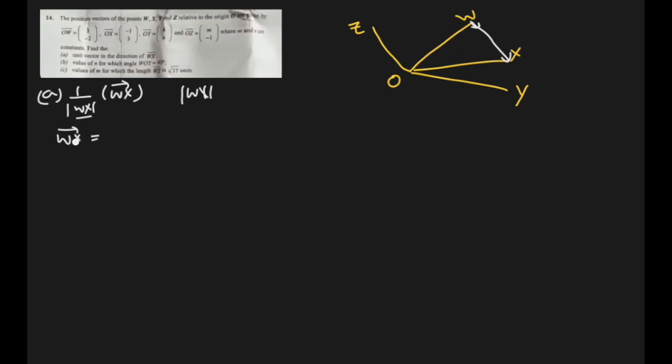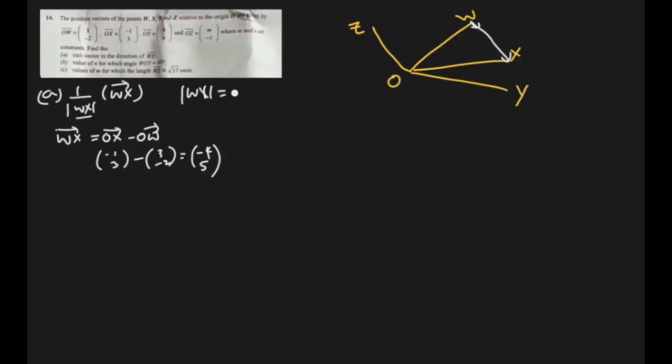WX has a head on X and tail on W, so it will be OX minus OW. OX is given to us as minus 1, 3, minus OW is given as 3, minus 2. So what do we get here? Minus 1 minus 3 is minus 4. 3 plus 2 is 5. Minus 4, 5.